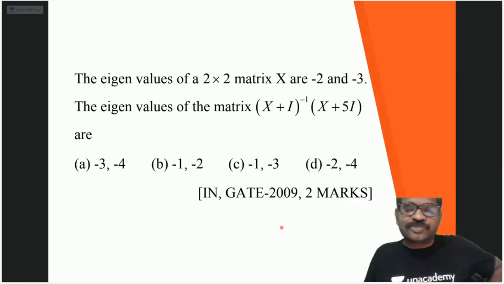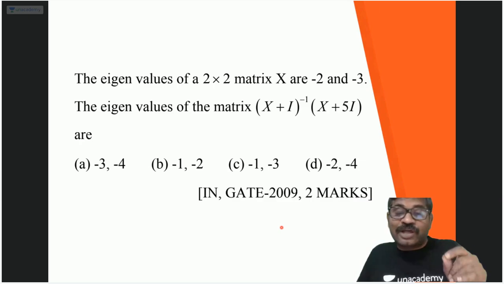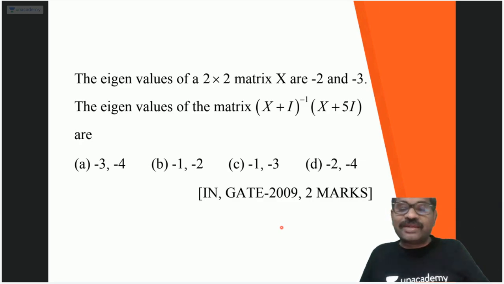Observe this problem. The eigenvalues of a 2 cross 2 matrix X are -2 and -3. Then find the eigenvalues of matrix (X plus I) inverse multiplied with (X plus 5I). It is completely designed on properties of eigenvalues.